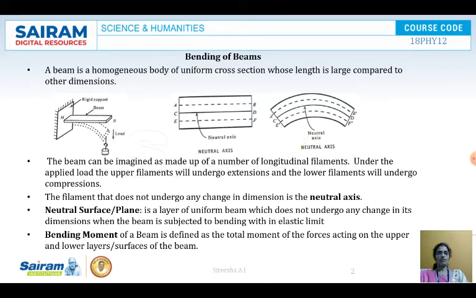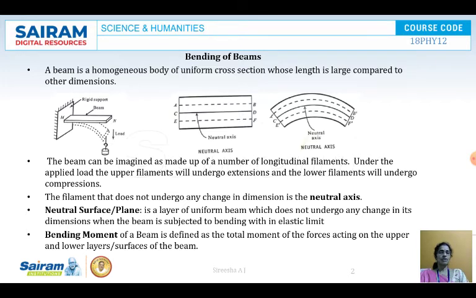There exists one filament which does not undergo either expansion or compression. That layer is called the neutral axis. The filament that does not undergo any change in dimension is nothing but the neutral axis. If you look at the figure, when A, B is bent, it has come to A dash, B dash, an extension, and E, F has become E dash, F dash, which is nothing but a compression.